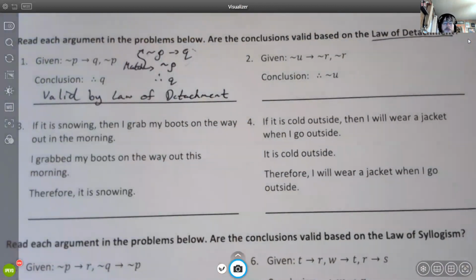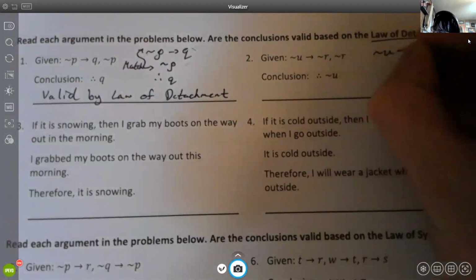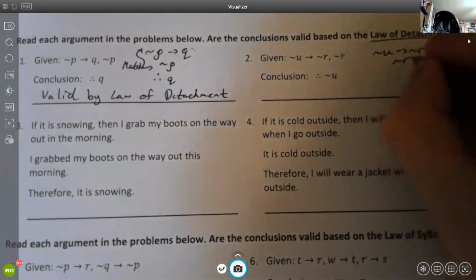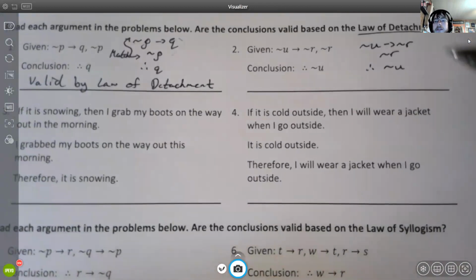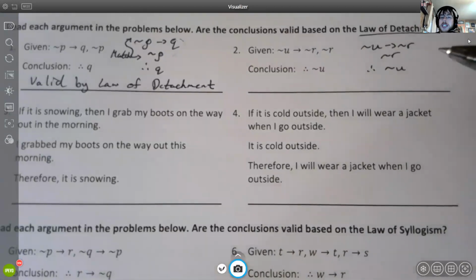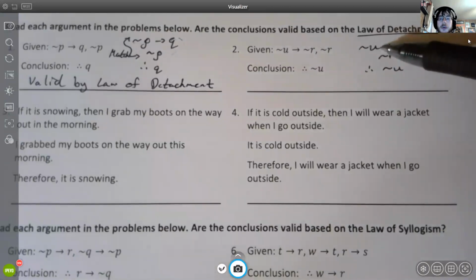All right. Next up, we have not U implies not R. And then we have not R, therefore not U. Again, we're looking to see if it's valid based on the law of detachment. The law of detachment only works in the forward direction. So our hypothesis has to be the one that is correct.